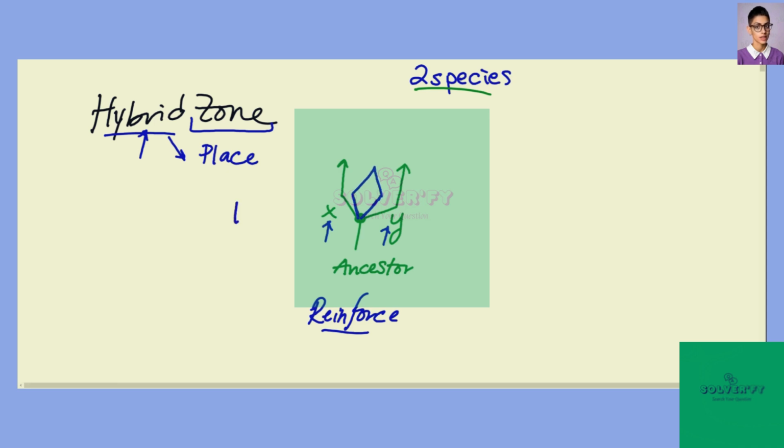So eventually, as time progresses, the population and number of this hybrid is going to decrease, and you're going to get an increased occurrence of these two different species types. So here we're reinforcing the creation of two different species. This is alternative to other factors such as fusion.